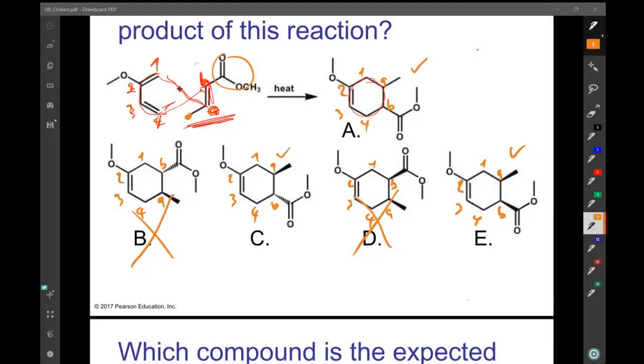What would be the answer between A, C, and E?